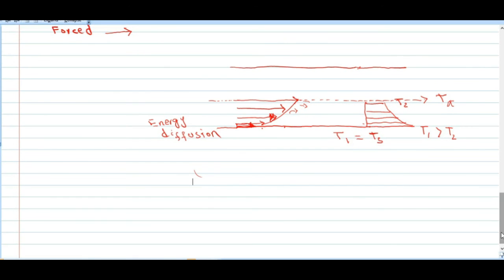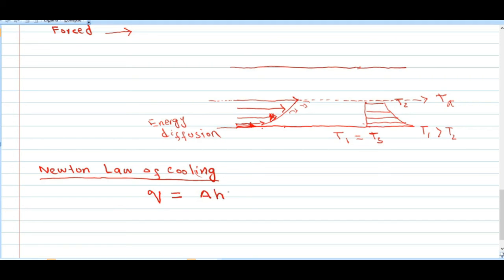Heat transfer by convection is governed by Newton's law of cooling. Like heat transfer by conduction is governed by Fourier's law, in the same way heat transfer by convection is governed by Newton's law of cooling, that is Q is equal to A H (Ts minus T infinity).